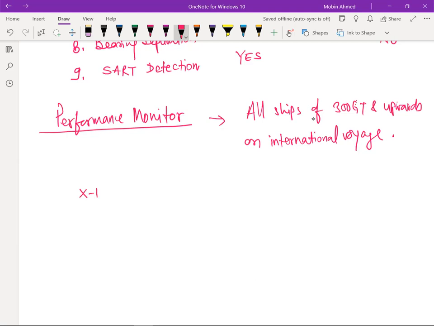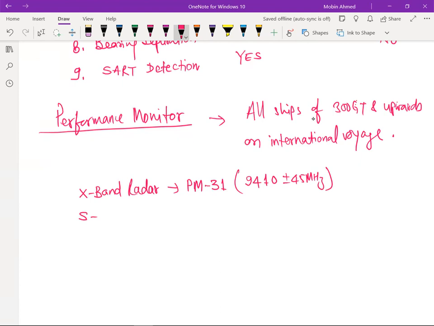Now for the X-band radar, the performance monitor that is there is from Furuno. Furuno is a maker of the radar. They give the PM31. This is having the frequency 9410. So maker to maker, it is going to change.